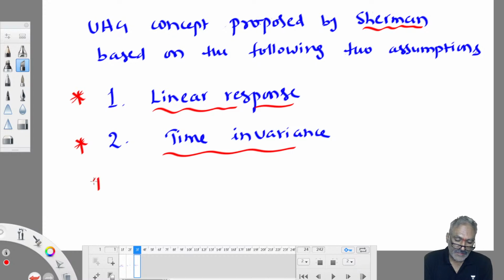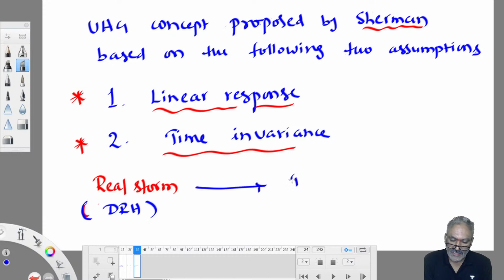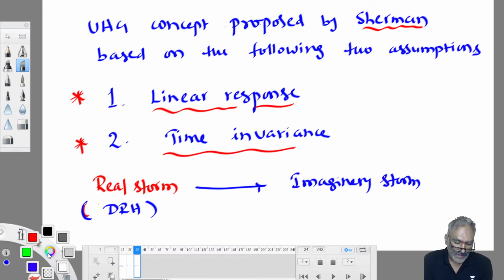A real storm is represented by the direct runoff hydrograph. An imaginary storm is represented by the unit hydrograph. A unit hydrograph always represents an imaginary storm.